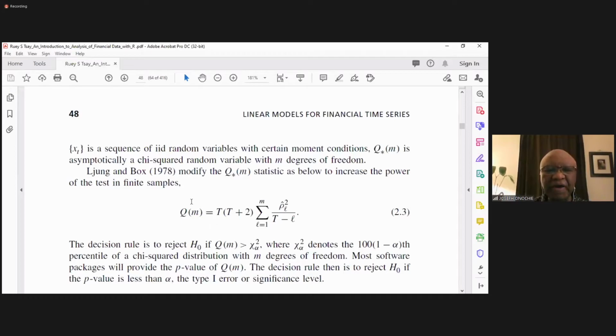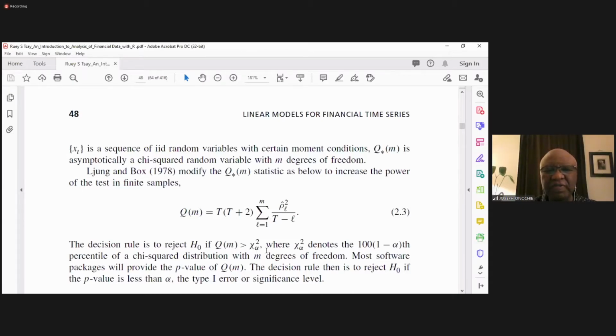And then this number should come from a distribution we call, not the normal distribution, not the T distribution, but, because we are testing different things, the distribution it comes from is called chi-squared. Is everybody looking at this?